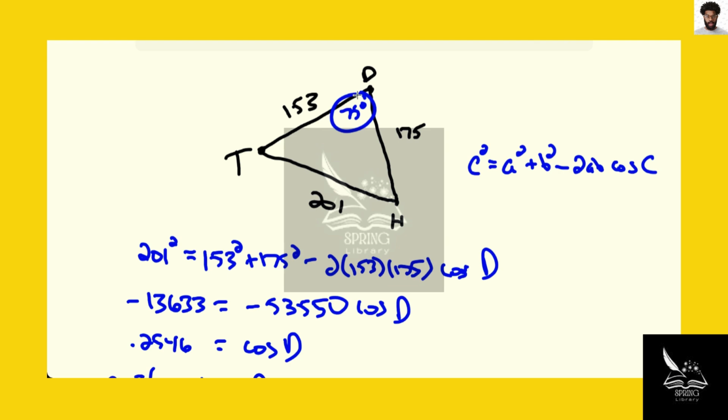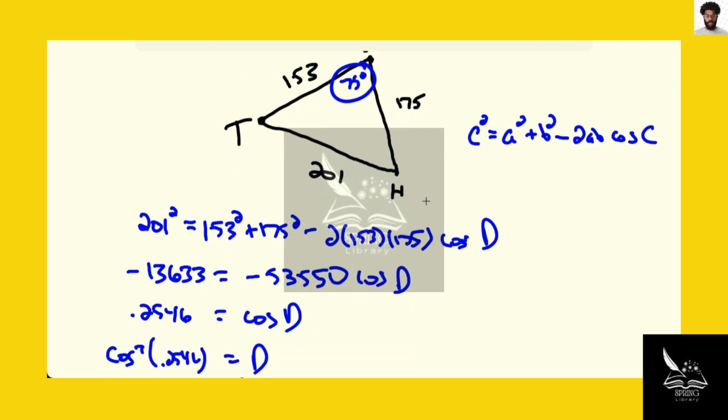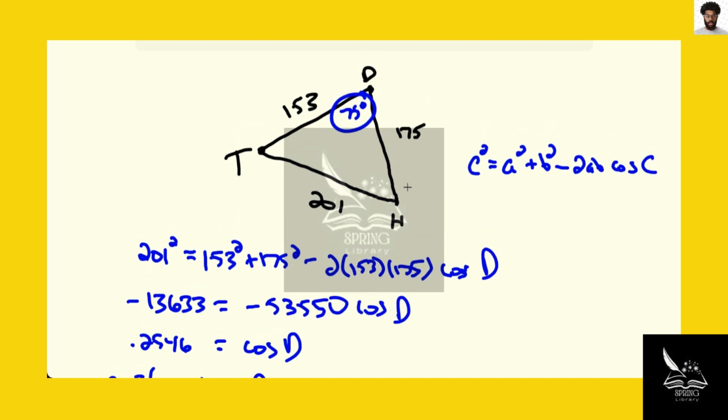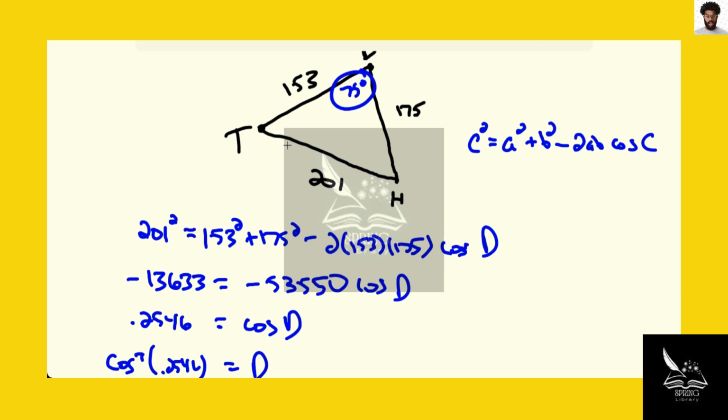Now we can use the law of sines. Let's say I'm using the law of sines to find the angle where Tom's tent is. So that would be the sine of t over the opposite side, 175, and that would be equal to the sine of d, which is 75 degrees, over its opposite side, 201.